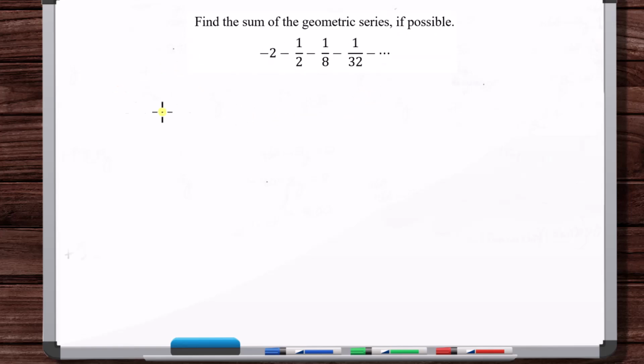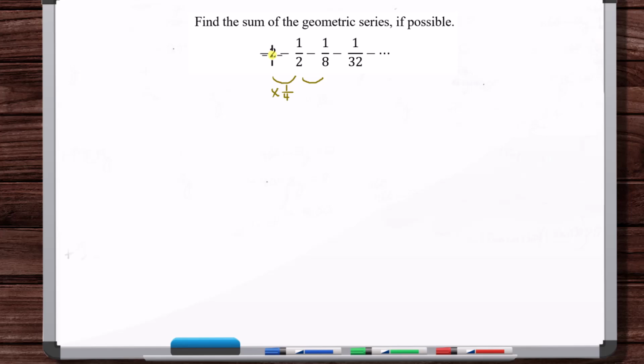Okay, so maybe this is possible. Same question, going from minus 2 to minus 1/2, you multiply by 1/4. Because we're summing the terms, we're taking each term of this sequence and summing it.